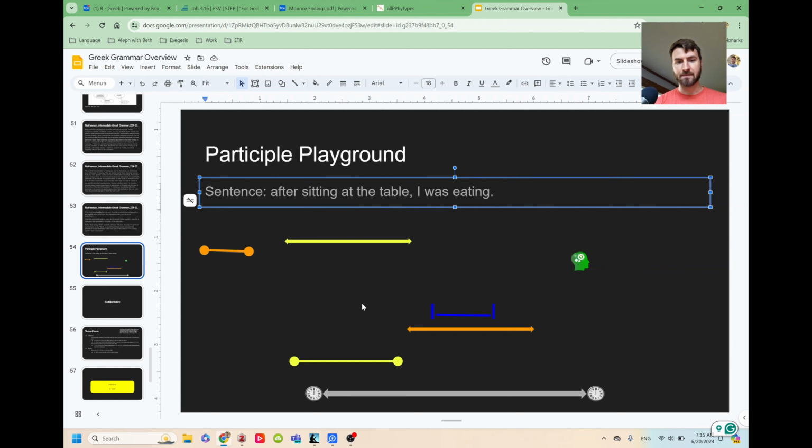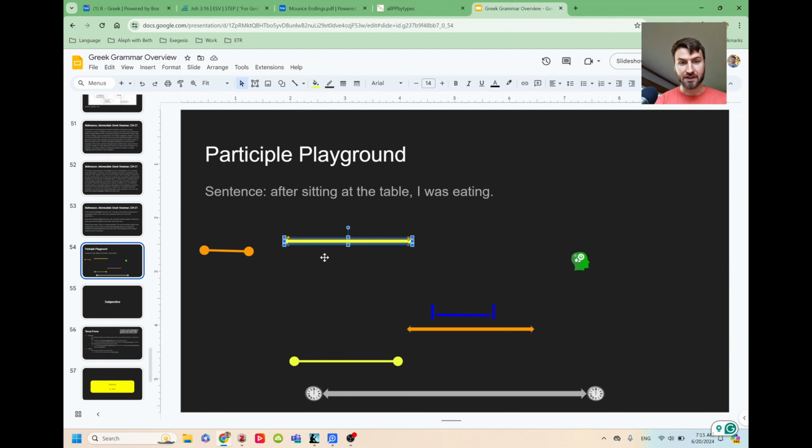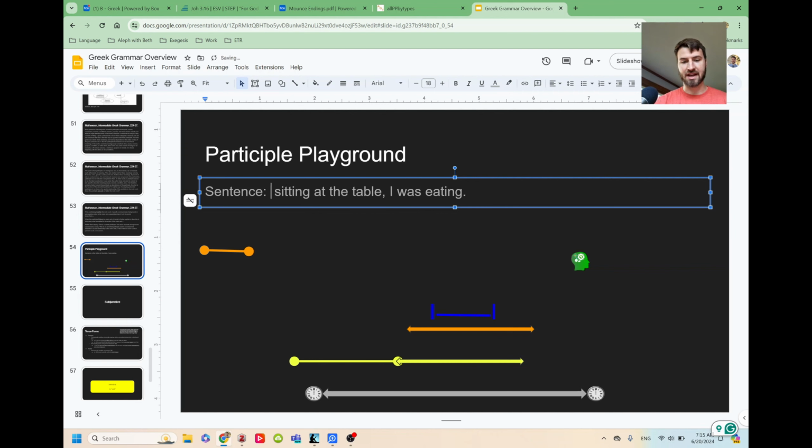Whereas the perfect participle emphasizes the ongoing state of the completed action. And so often this is translated as, having sat at the table, I was eating.